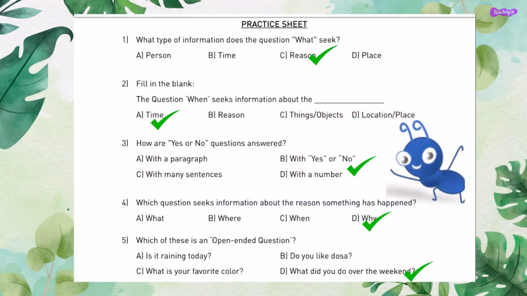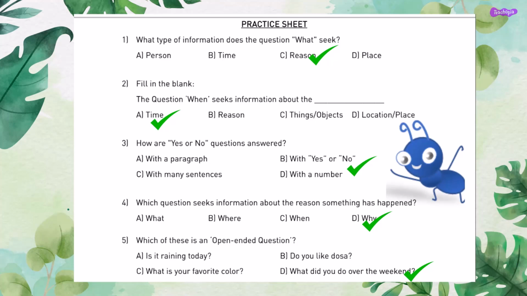Included are practice sheet questions. This will help the students prepare for competitive exams. For example, we have: what type of information does the question "what" seek? The answer is reason. Question 2. The question "when" seeks information about the time.